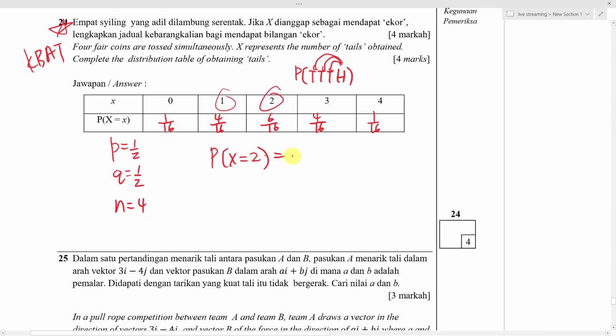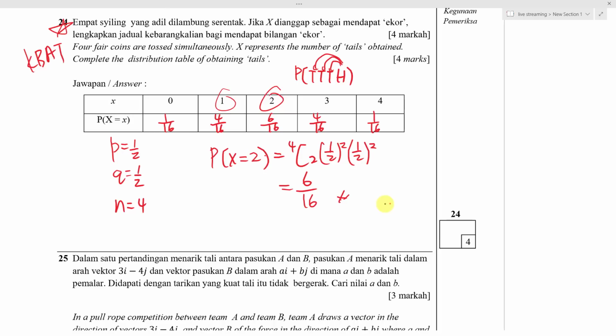You can do this one as well, definitely. So it's 4C2, that's why just now I typed 4C2. This is 1 over 2 power of 2, 1 over 2 power of 2. Then you'll get 6 over 16. Yeah, you can do this method exactly. I'm not sure why I did it manually. I should use the formula, alright?